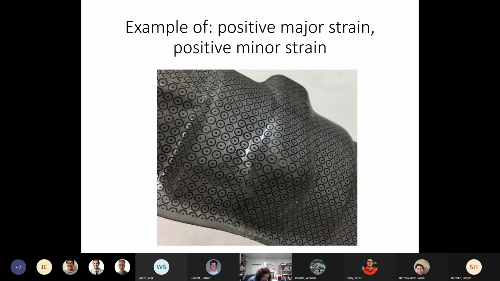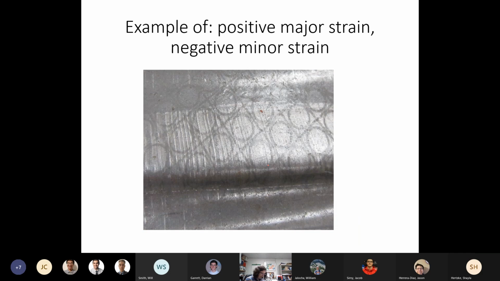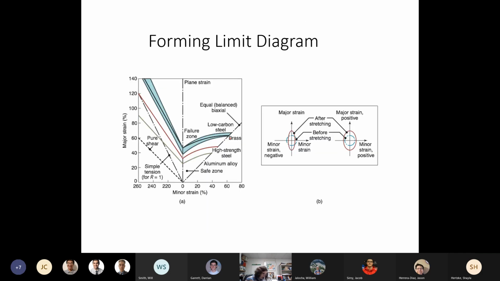So we look around and measure the actual strain state. Here we have an example where this went to a little bit more of an ellipse. So this would be a negative minor strain. And so what we do is we can then plot on a particular diagram.